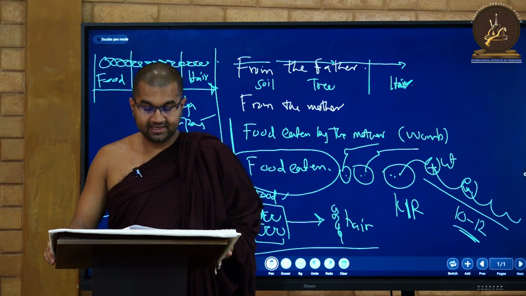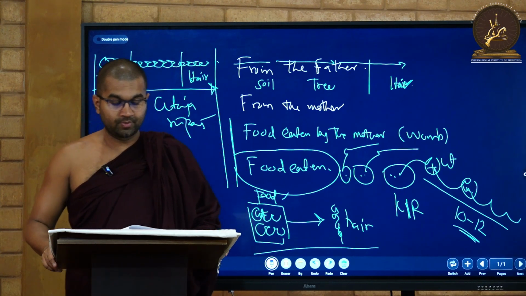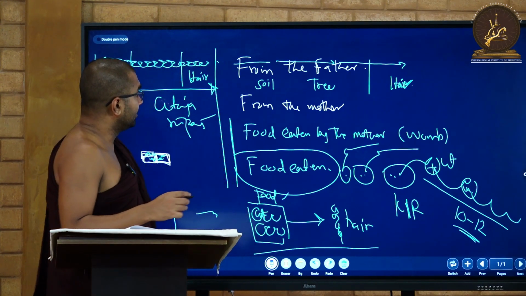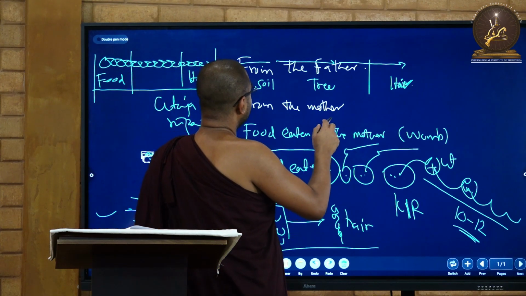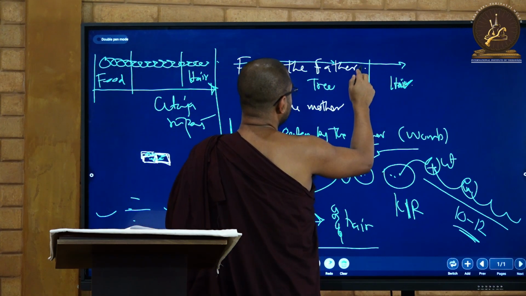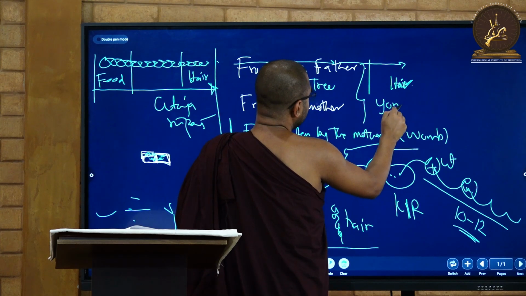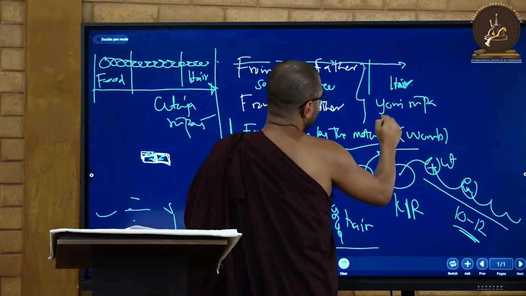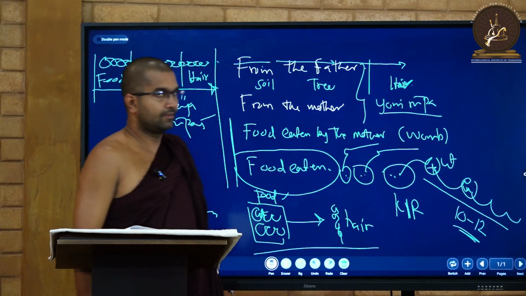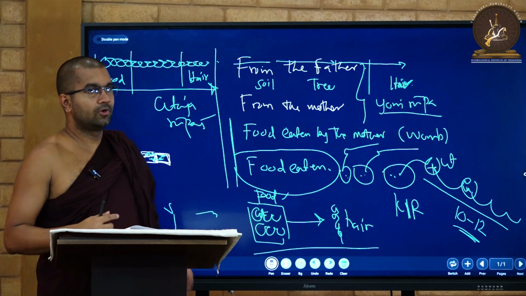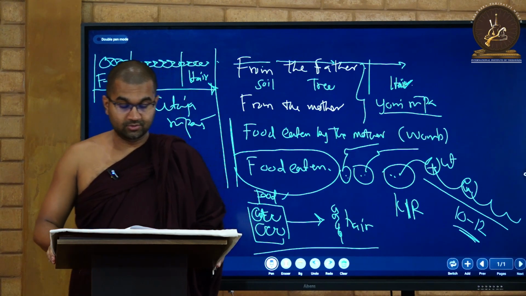These rupas are referred to in the Paramattha Dipani as Yoni Rupa or Yoni Niyama. The word given to these rupas from the mother and the father is Yoni Rupa, right? So this refers to the mode of birth. Yoni refers to the mode of birth.